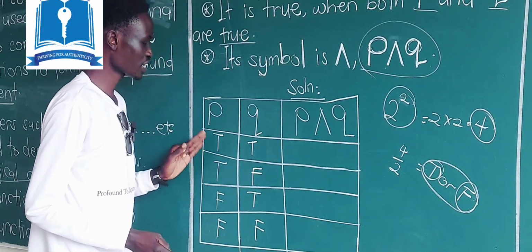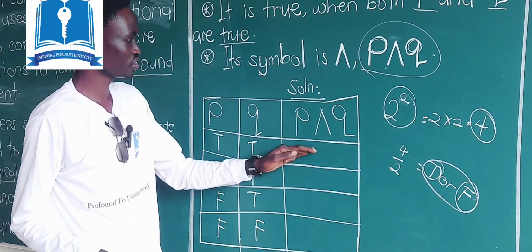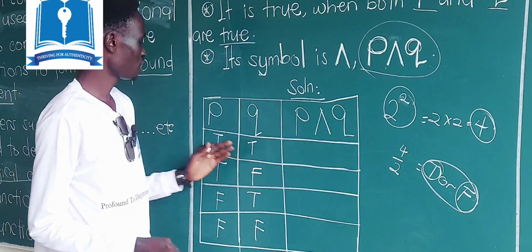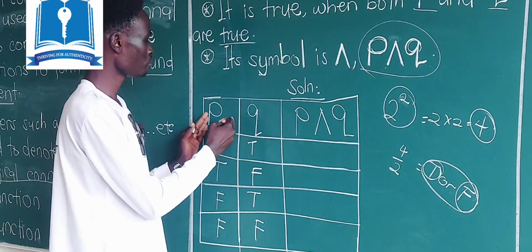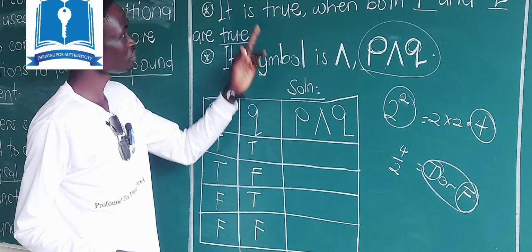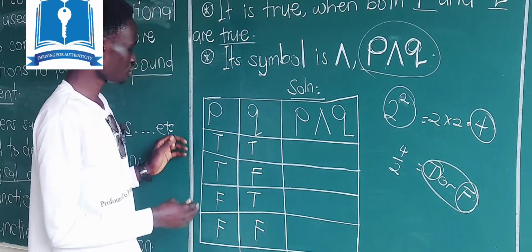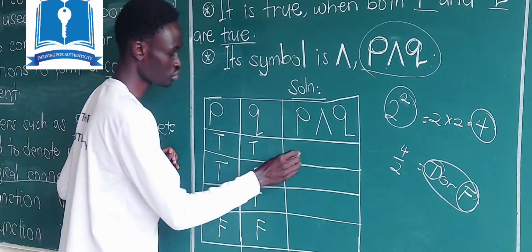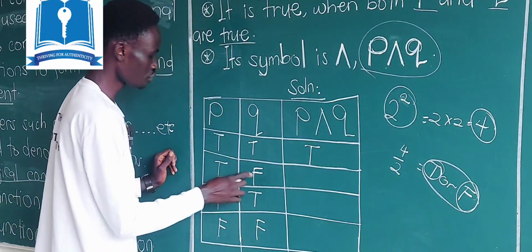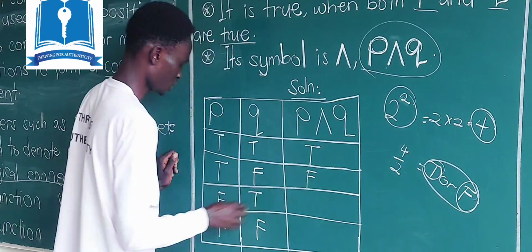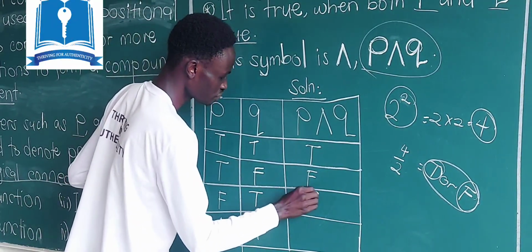So now after getting this, you can easily solve this by using both P and Q. From the statement we said conjunction is true when both P and Q are true. So true, true: this one will be true. True, false: this one will be false. False, true: this one will be false.